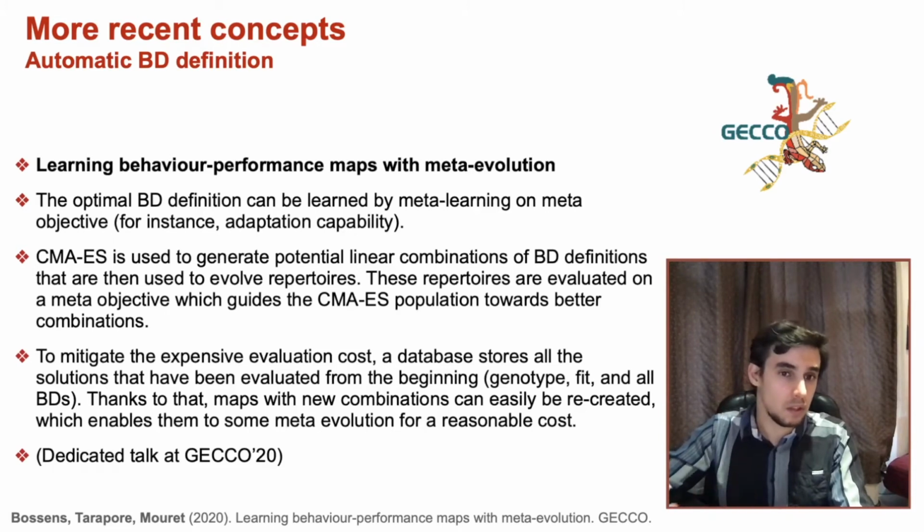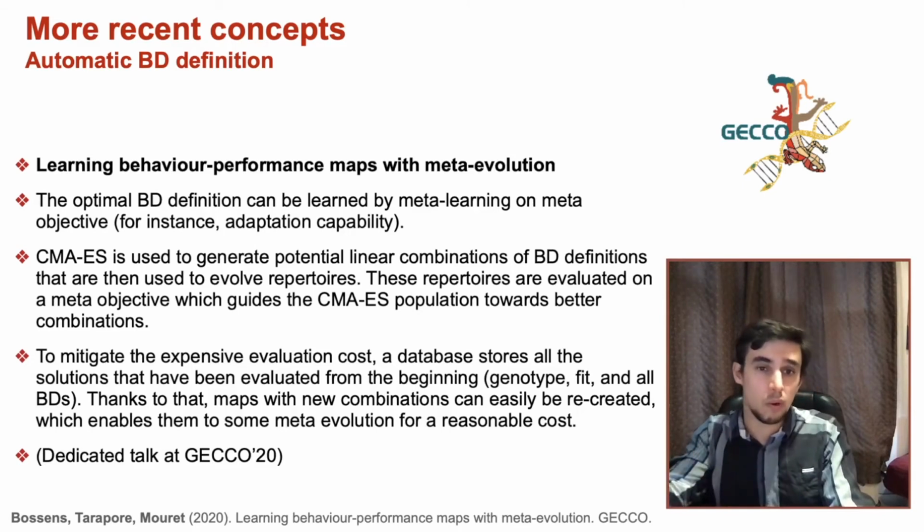And then the results on this auxiliary task, the adaptation capabilities, for instance, are used in order to drive the CMA-ES process. Of course, for every linear combination of behavioral definitions, this means that we will need to generate a new repertoire to see how this newly generated repertoire will fit the meta task.